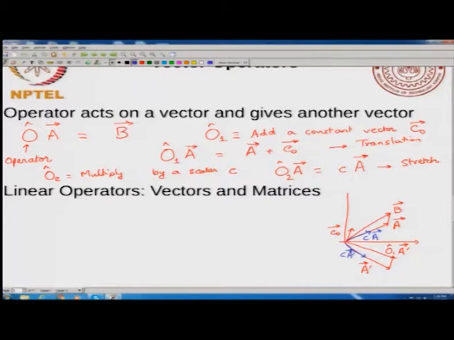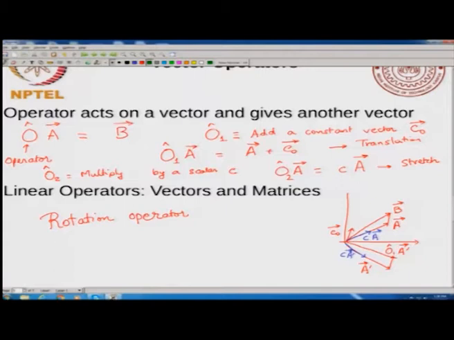Now, you can have other operators. You can imagine an operator that does something called a rotation. It can take a vector and rotate it by some angle. So I will just write it here, rotation operators. I will come back to linear operators in a few minutes. But you can have an operator that does a rotation. I will show this in green.